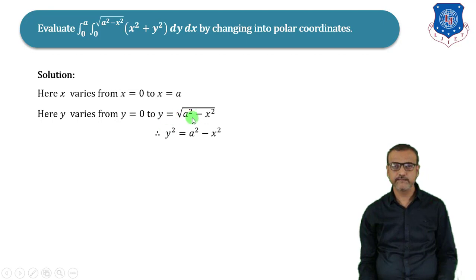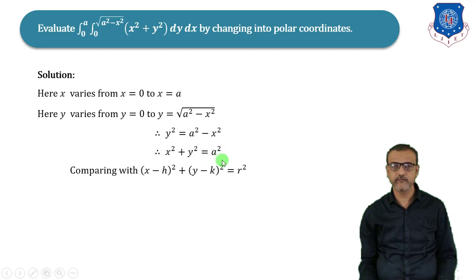So taking square on both sides, we have y square equals a square minus x square. Therefore, taking minus x square to the left hand side, we have x square plus y square equals a square.